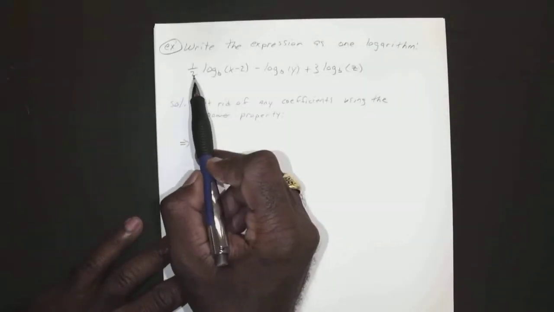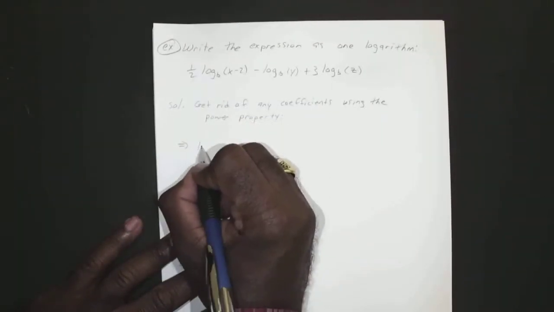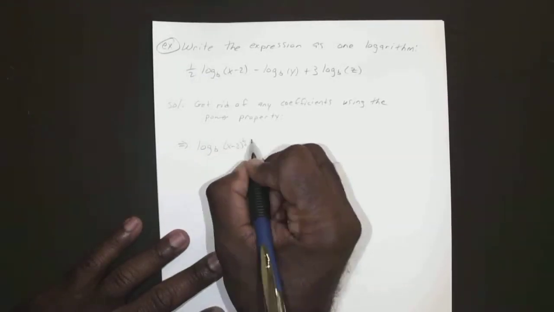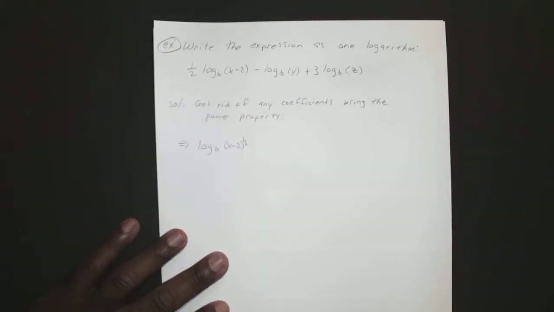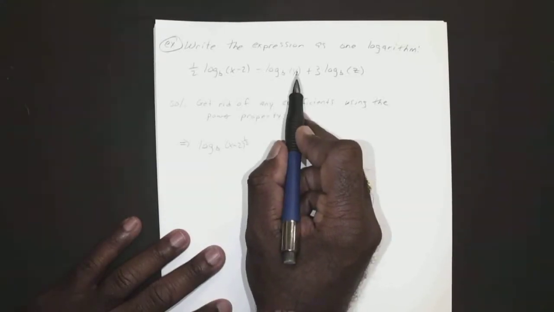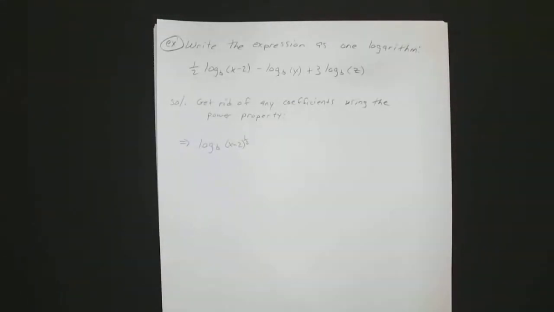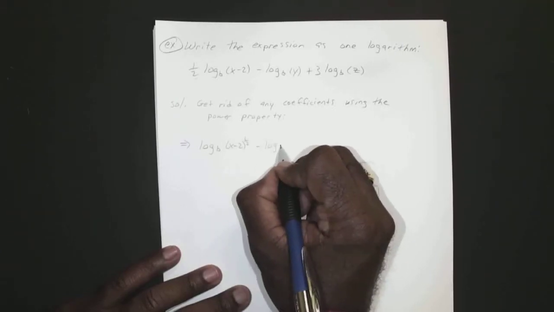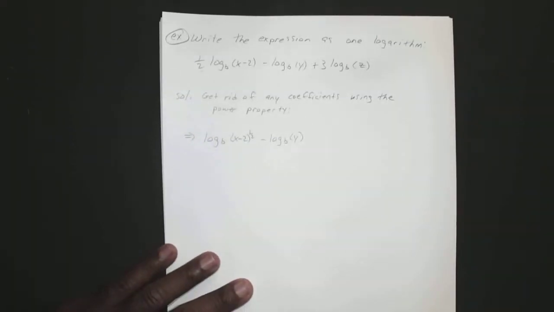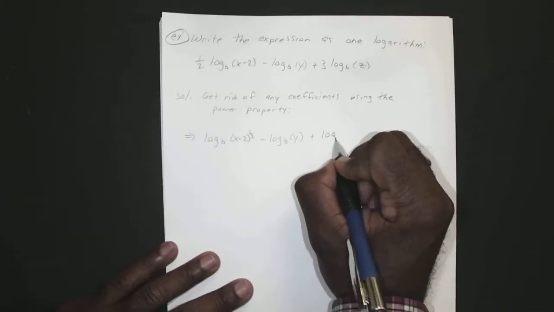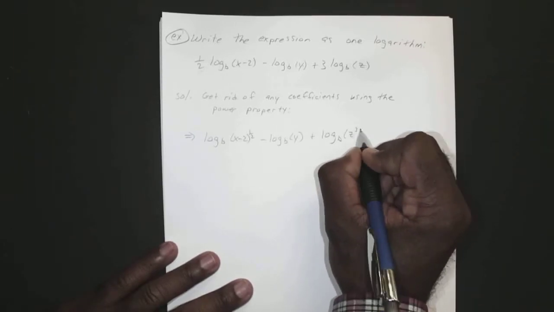That means the 1/2 is going to go up here. So it's log base b of x minus 2 to the 1/2. Remember, it's the 1/2 to the whole thing. Now this one, if you wanted to, you can make that y to the -1, but you don't have to because later on we're going to use the quotient property. So you can leave that as minus if you want to. So minus log base b of y, plus, bring that 3 up to the top, log base b of z to the 3rd.